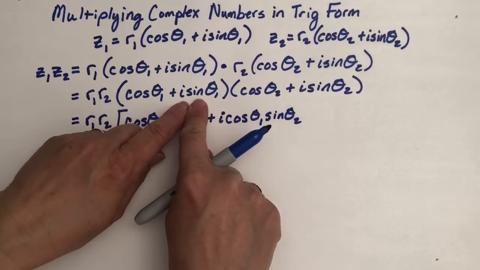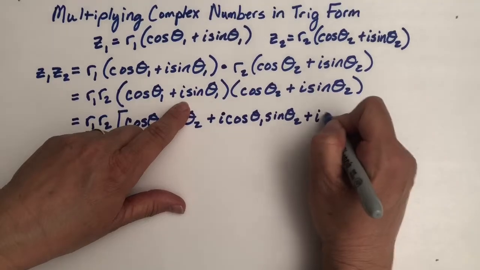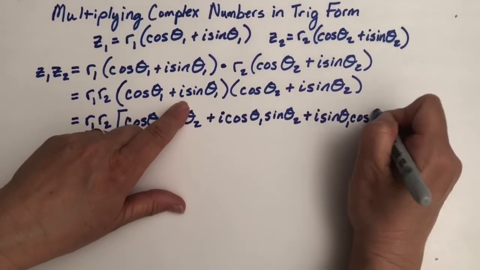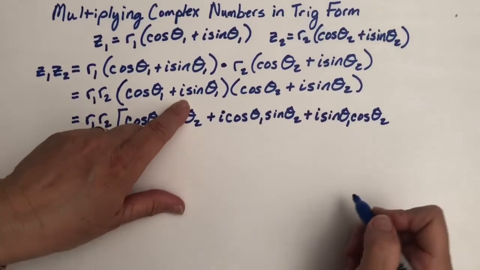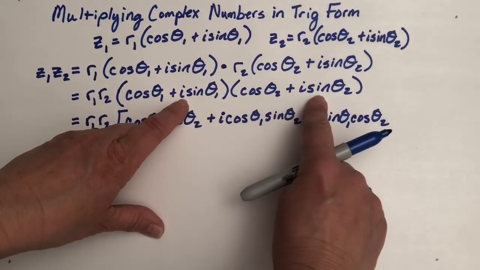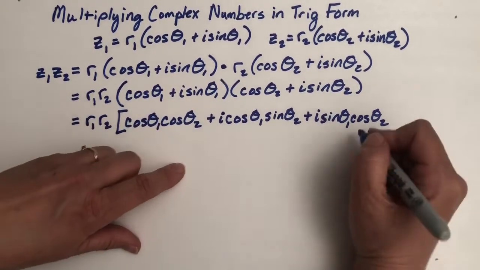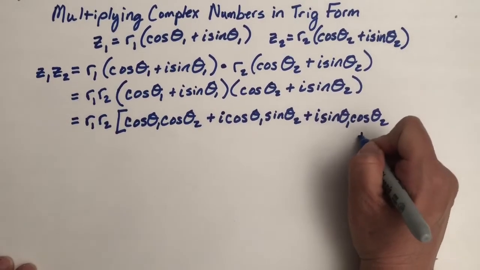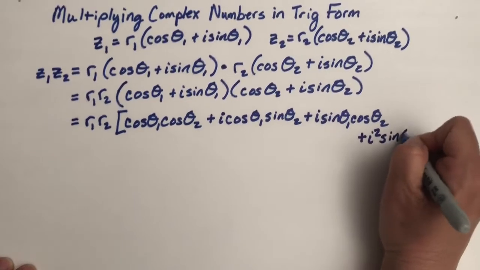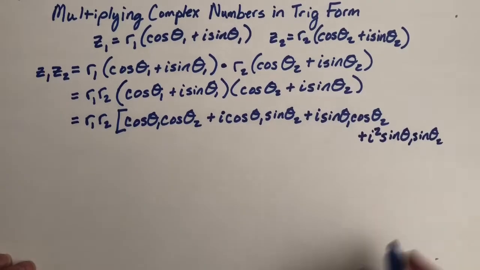Next, we have i sine theta 1 times cosine theta 2, so we have i sine theta 1 cosine theta 2. And for our last term, we have i sine theta 1 times i sine theta 2, so we have plus i squared sine theta 1 sine theta 2.